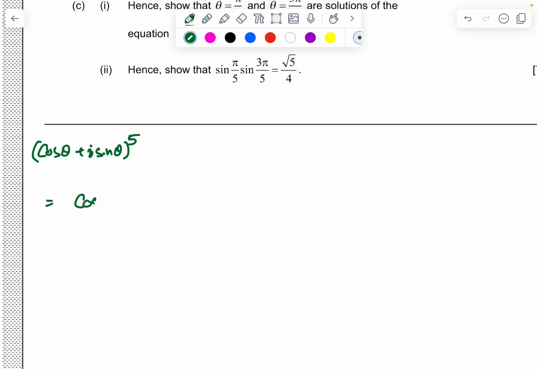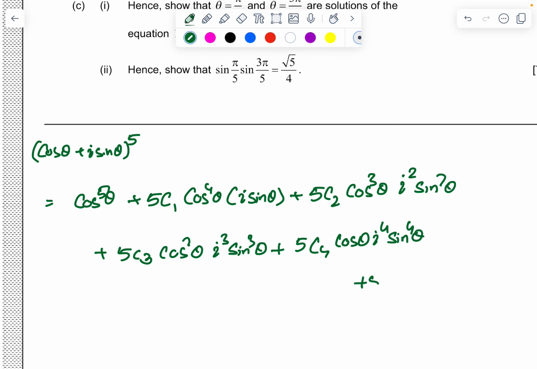So it becomes cos power 5 theta plus 5c1 cos to the power of 4 theta times i sin theta plus 5c2 cos cube theta i square sin square theta plus 5c3 cos square theta i cube sin cube theta plus 5c4 cos theta i power 4 sin power 4 theta, and finally 5c5 i power 5 sin power 5 theta.